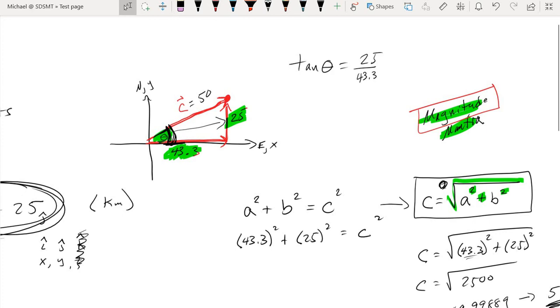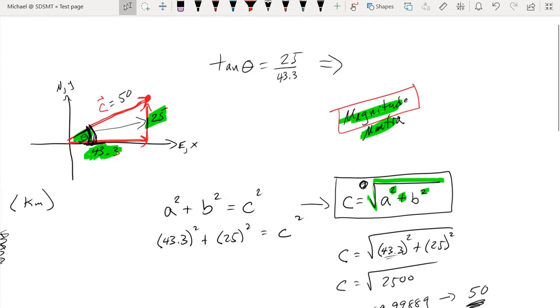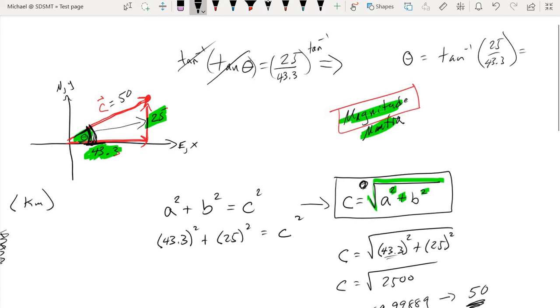And this is going to give us the value of tangent theta, but I don't want tangent theta, I want theta. To get theta, I will apply an inverse tangent to each side, or arctangent, depending on how you learned the trig. And so that means that theta will be the inverse tangent of 25 over 43.3. 25 divided by 43.3.